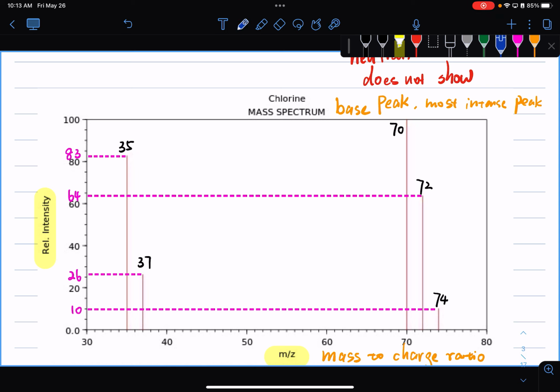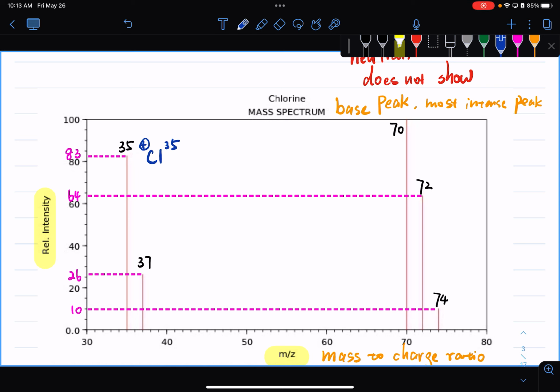But the other way we can ask you to do is to assign the specific fragment to each of the peak. So if we put the assignment of the peak on this diagram here, what we have is here at the 35, we have the chlorine plus, but only the chlorine 35 isotope is showing up at that 35 m/z.